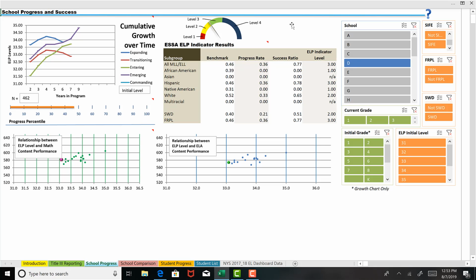So again, it provides an indication of what that indicator looks like and how current students are contributing to the overall indicator. On the left side here, there's a display of the cumulative progress for each school, and this is broken out by years in the program and the initial performance level.